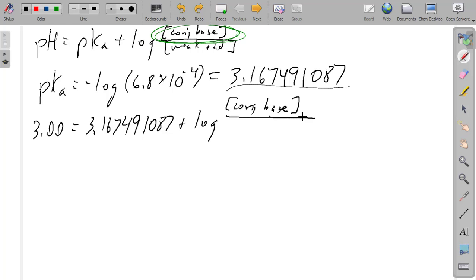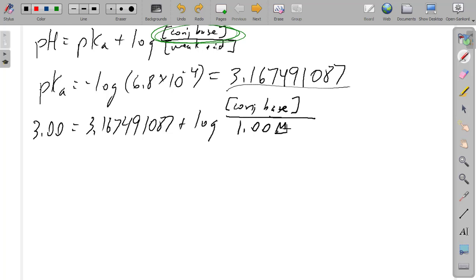We don't care how much we have. Its concentration is still 1 molar, and that's all that matters here. You could have 20 liters, 1,000 liters, but its concentration is still 1 molar. So don't misuse the volume value just yet, because we understand that the weak acid concentration is 1.00 molar.